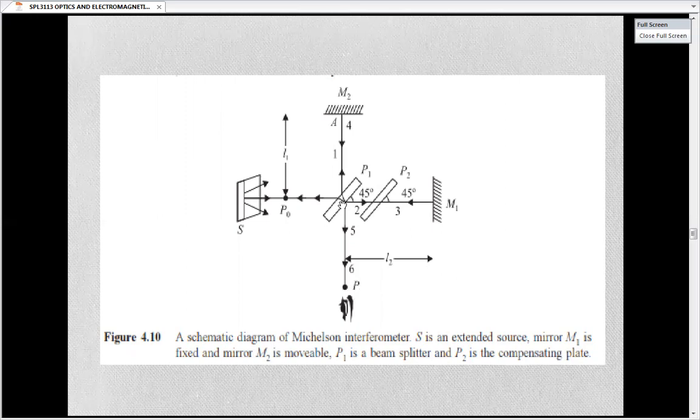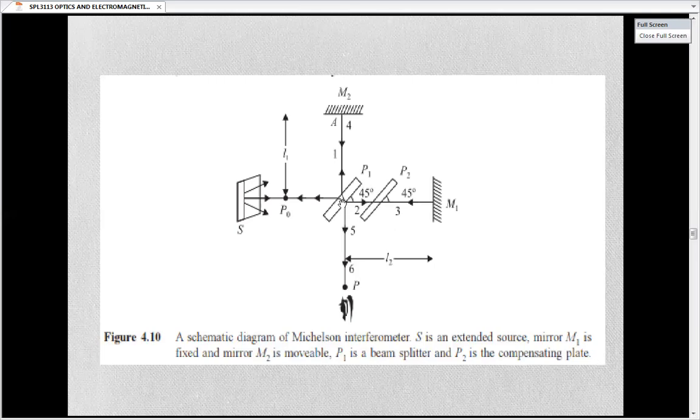So if you count the number of times this ray passes through P1, you realize it passes through P1 3 times. The first time on the top surface, it is transmitted, goes to the bottom surface, reflected, that is the second time, goes to the mirror M2, comes back to the glass, transmitted, that is the third time, and then it falls onto the eye.